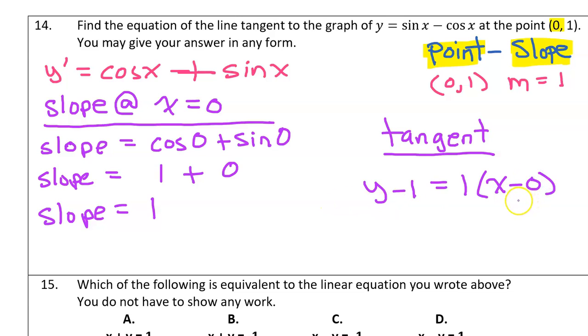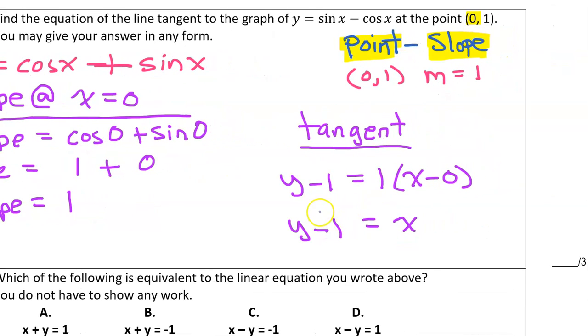So this would be a perfectly acceptable equation of the tangent line. I don't feel like putting a 1 here or a 0 here because those are not necessary. So I am going to take this one extra step and write y minus 1 is equal to x. So this would be better to me. I'm biased, I guess.